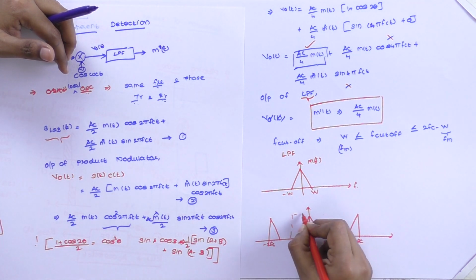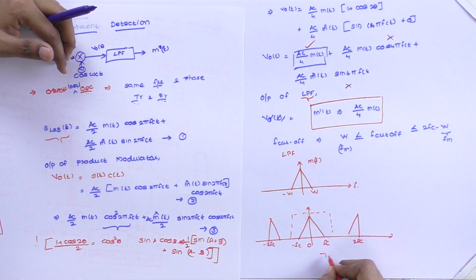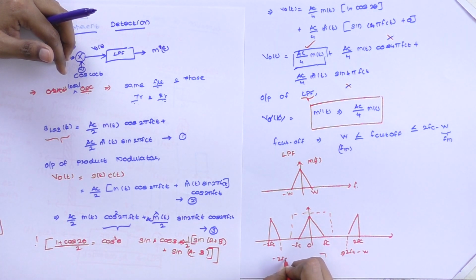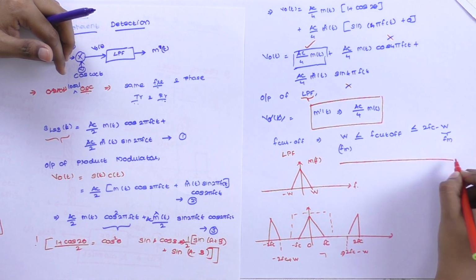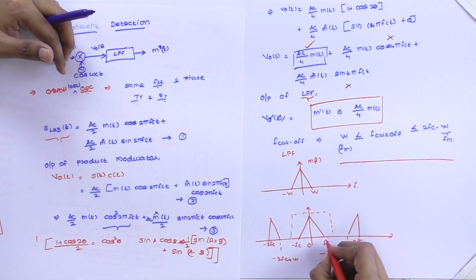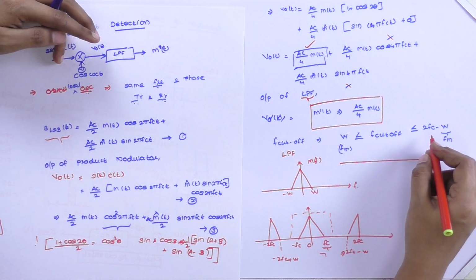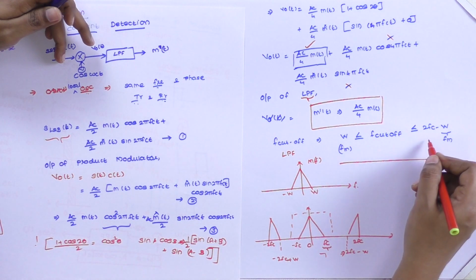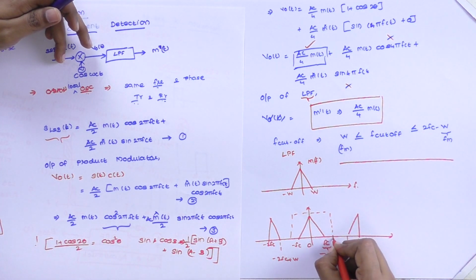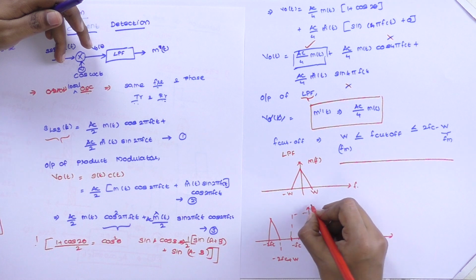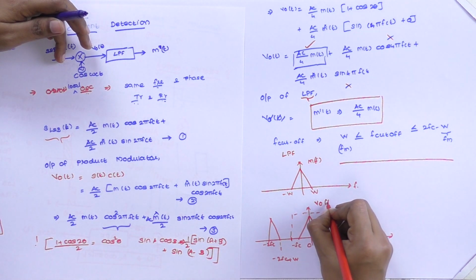So the low pass filter cutoff should be less than 2fc minus W. Here minus 2fc plus W. Therefore our cutoff frequency should be greater than fm, and should be less than 2fc minus W. This is our f cutoff frequency to entirely pass our message signal.